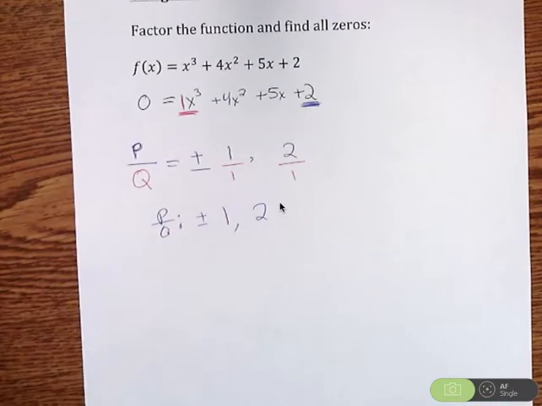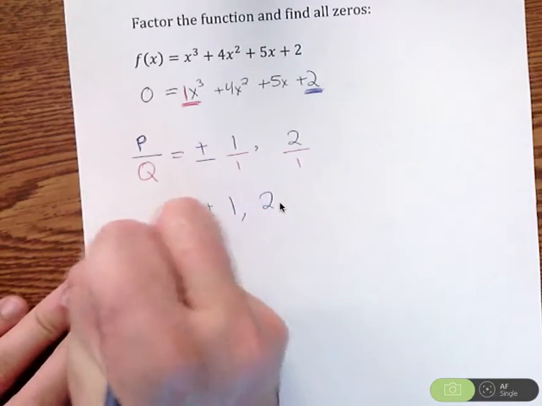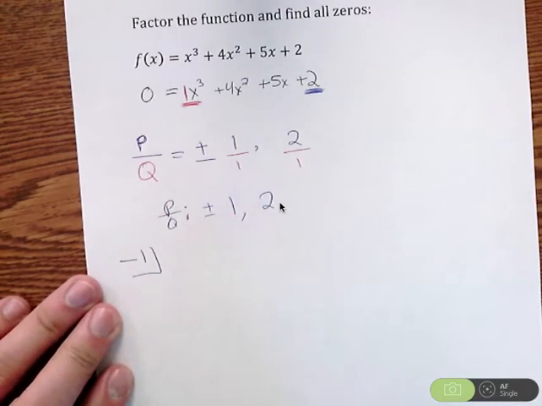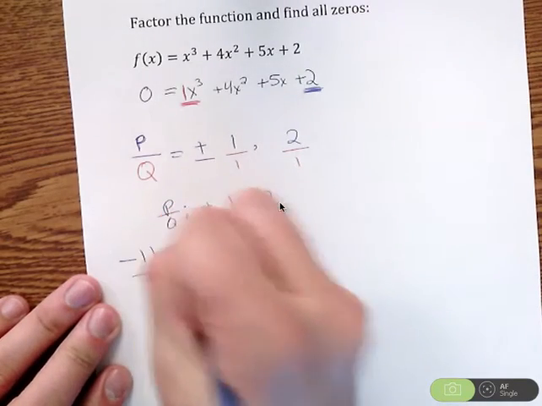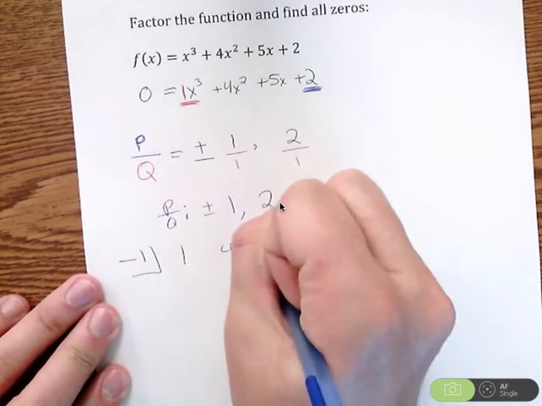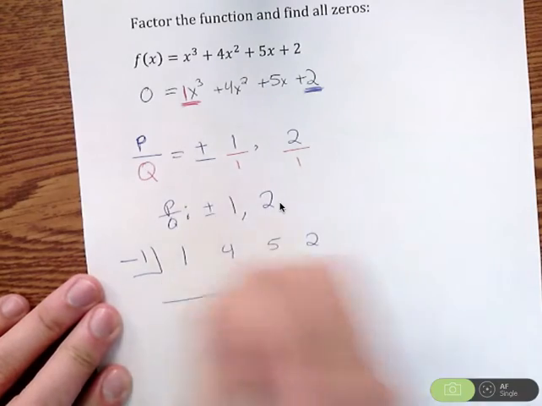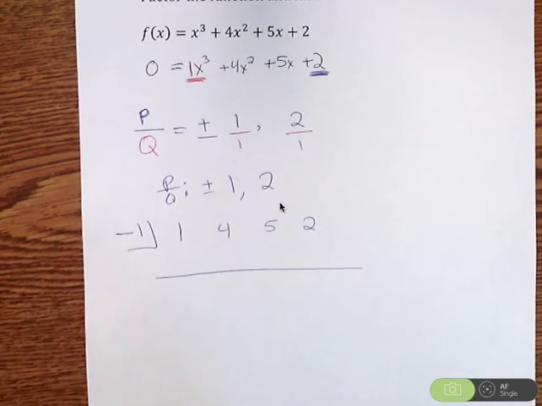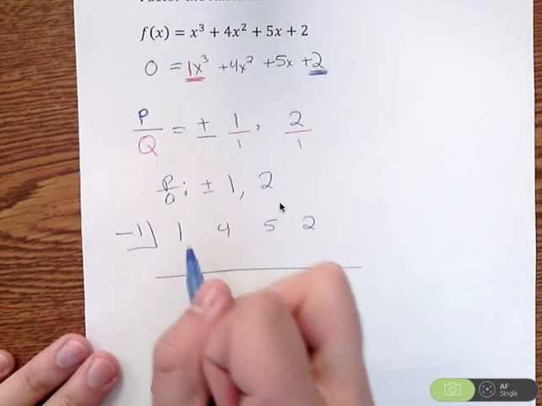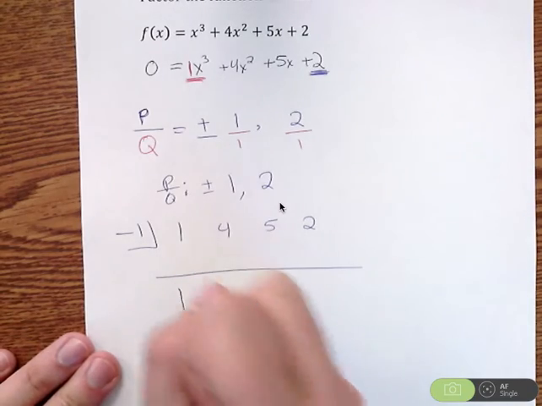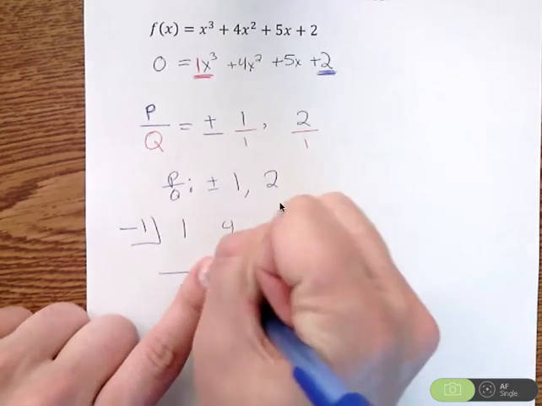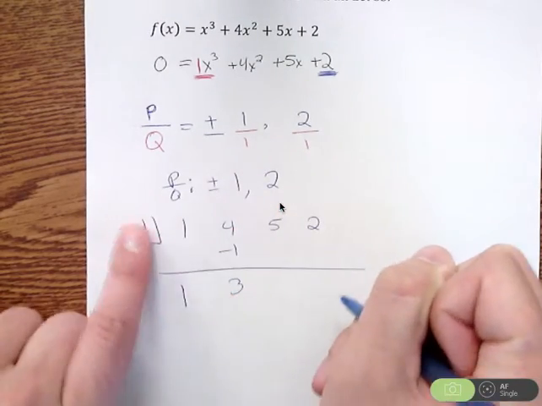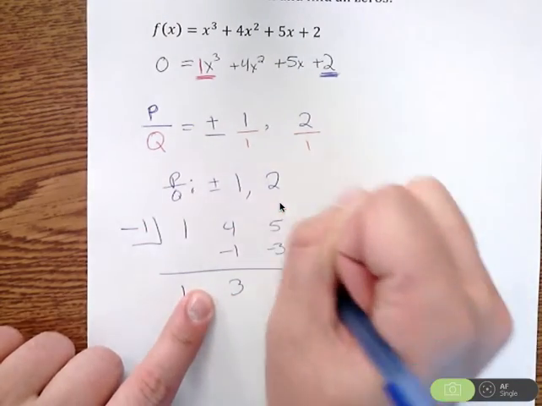So what I'm going to do is start with synthetic division. Negative 1 is going to be in the box, and I'm going to take the coefficients here: 1, 4, 5, 2. We're just going to do synthetic division with negative 1. So you add down the first one, multiply by negative 1, multiply up, add down, we get 3, multiply up, we get negative 3.